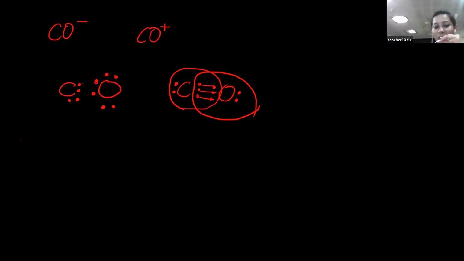Based on the particular situation, not always, students, not always. So you have to study first Fajan's postulates. It has its own rule. So if triple bonds are there, or else more than, sorry, that is called super bonds. Okay, super triple bonds as well as double bonds. Is it an ionic bond?